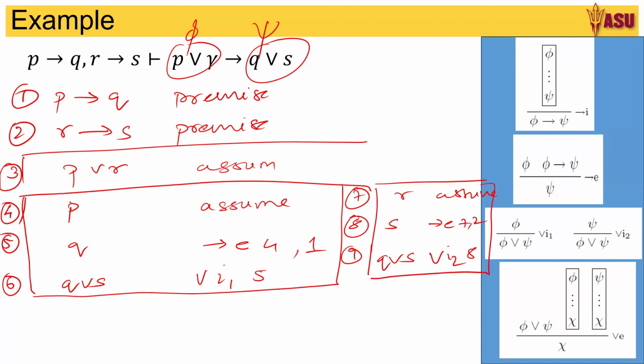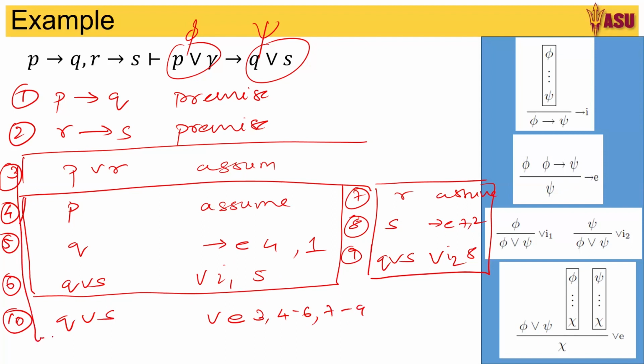Now, given this, I assumed P and came to Q or S, assumed R and came to Q or S. So I can say from these two that Q or S is true from the OR elimination of 3, 4 to 6, 7 to 9.